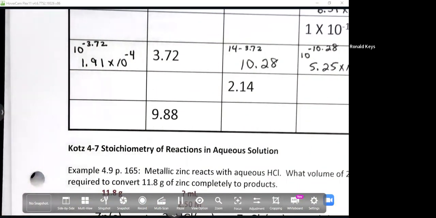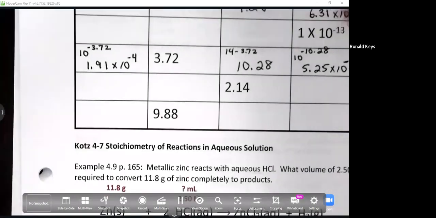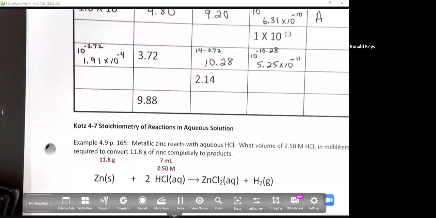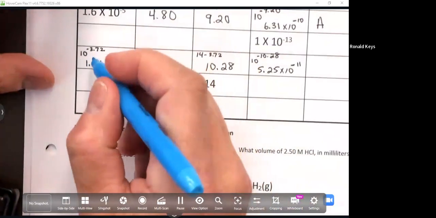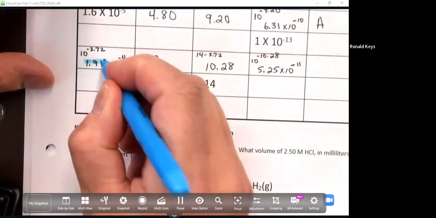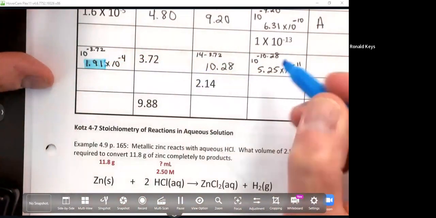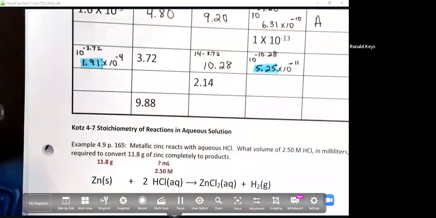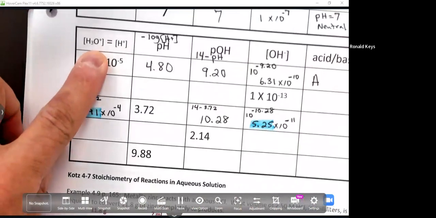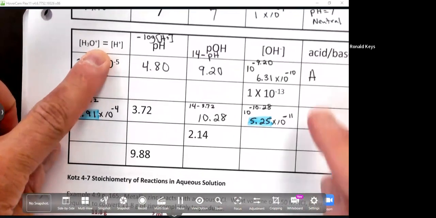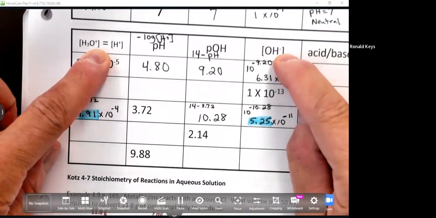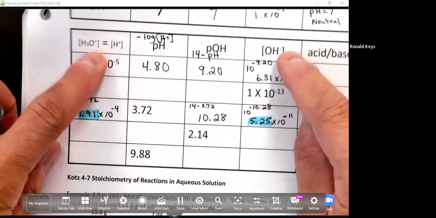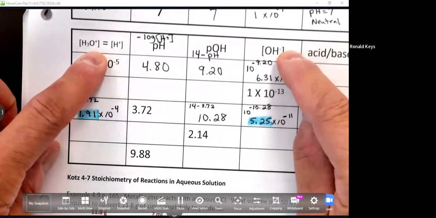Now, let me see if we're right. Let's just look at it this way. If I multiply my H plus or my H3O plus times my OH minus concentrations together, I should always get 1 times 10 to the minus 14. Always.